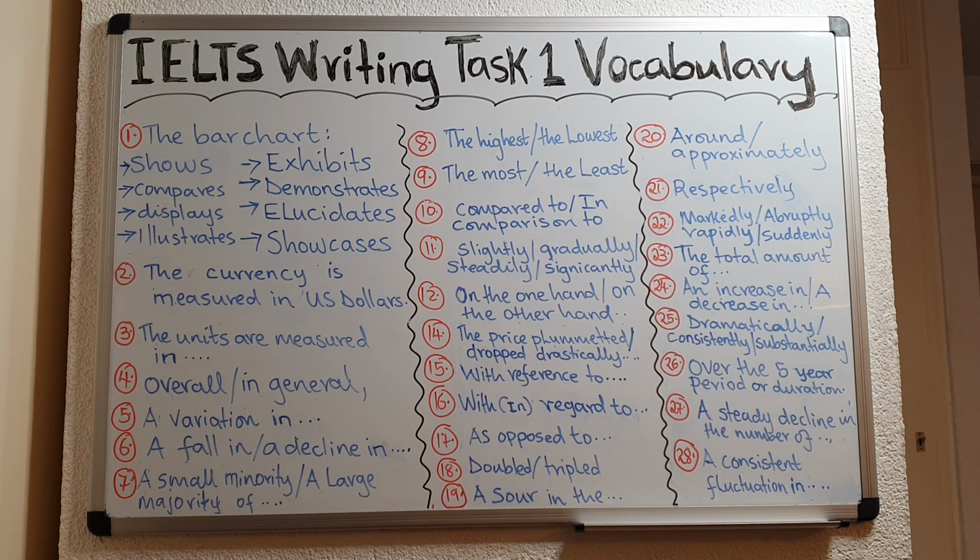Okay? Now, rapidly means the change happened very fast. So let's say, for example, the students who enrolled to join Oxford University from India in the year 1990 were 5.